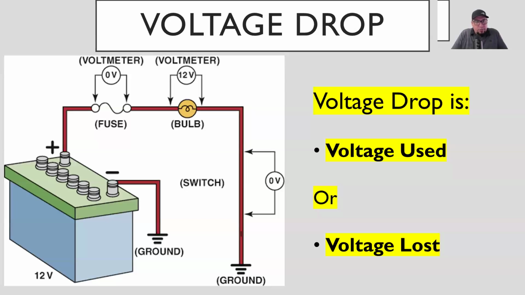Resistors, fuses, switches, wires, those items do use voltage, but the bulb is the main electrical load that should be using the voltage. Since we only have one here, it should use almost all the voltage, up to the 12 volts we have available. In reality, will that really happen? No, it won't. As long as it's a good circuit, it will use 11.95 volts, let's say. But it will use almost all of it.